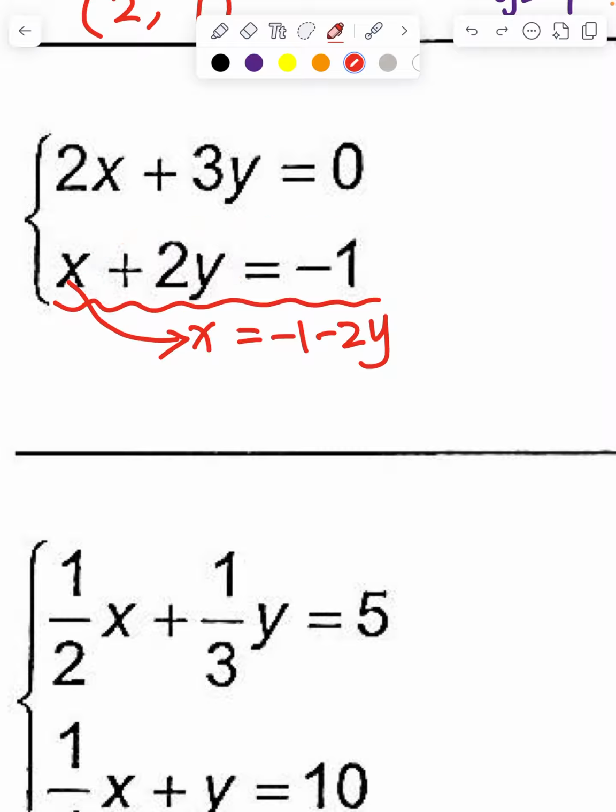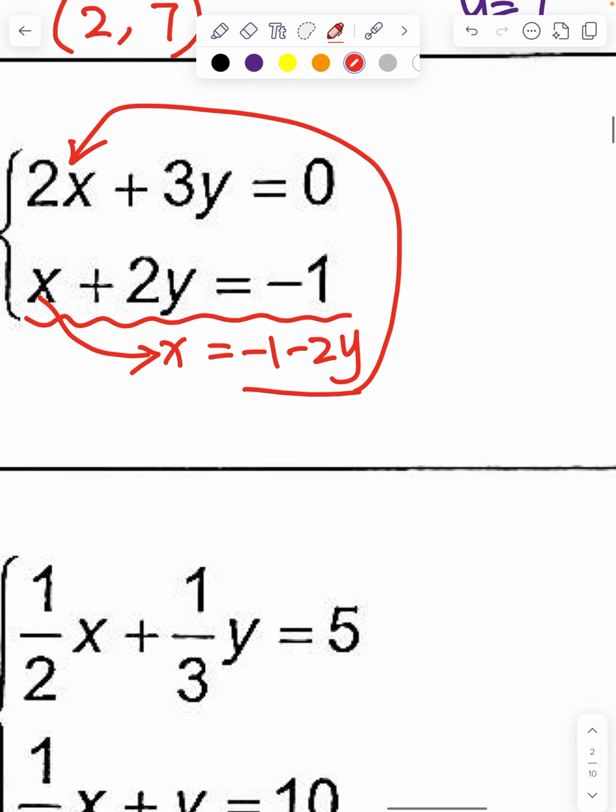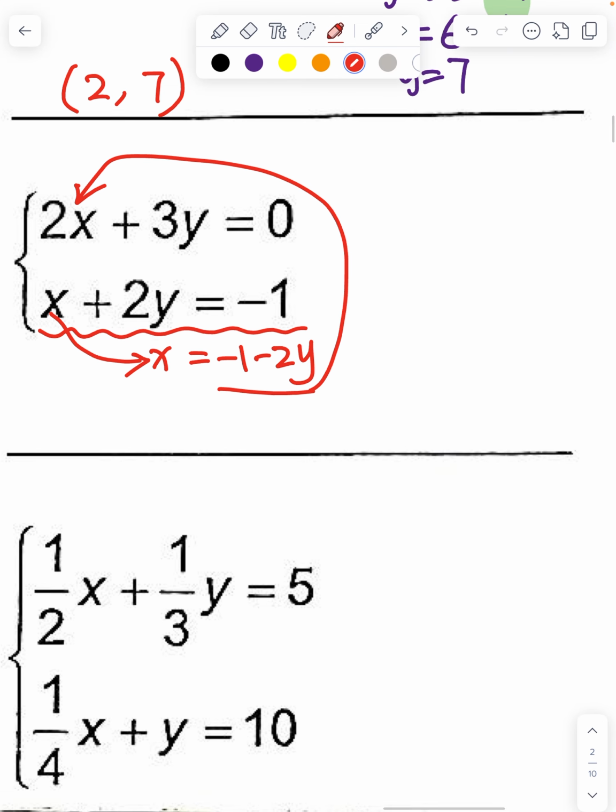Now I know x equals negative 1 minus 2y, so I can use this to replace x in the first equation, right? So my new equation becomes 2 times negative 1 minus 2y, I just replaced x by negative 1 minus 2y, and then plus 3y equal to 0.